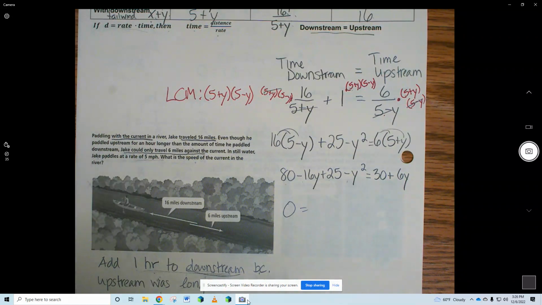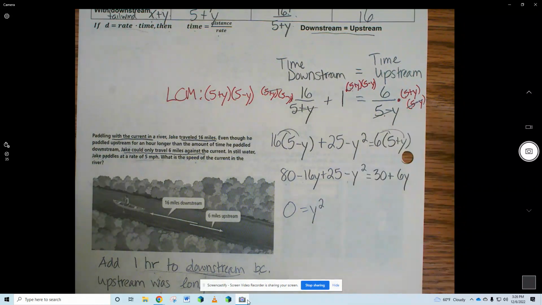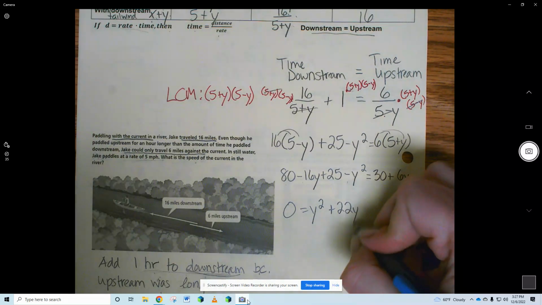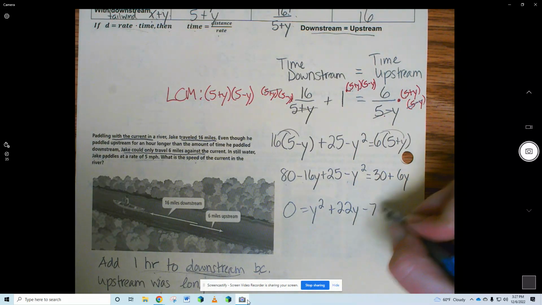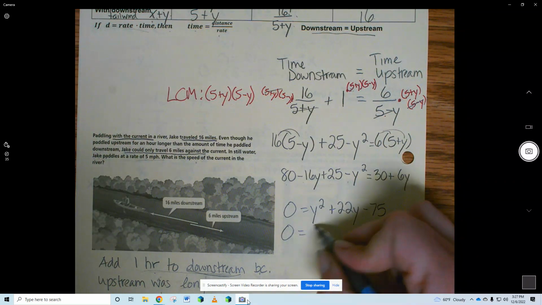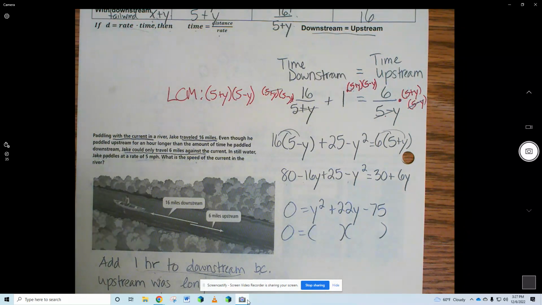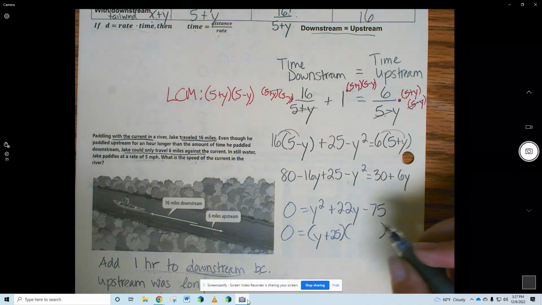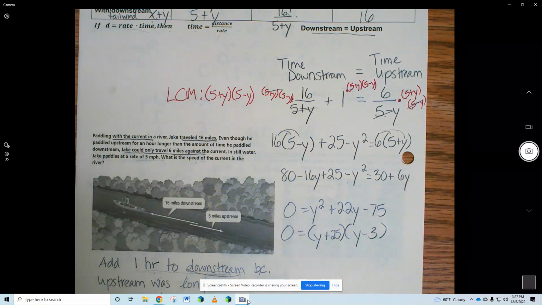Here's what you end up with: everything on the right, a positive y squared plus 22y minus 75. I factor that. Make things a trinomial when you can. It's y plus 25 and y minus 3.